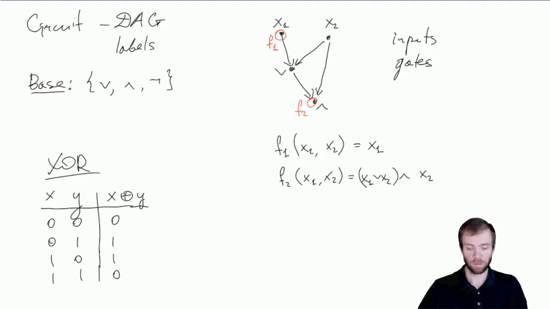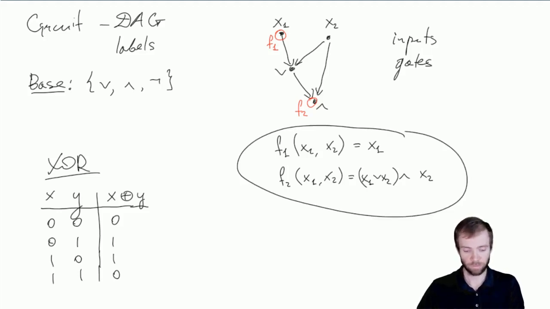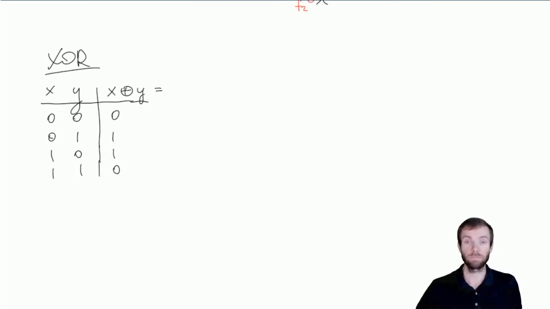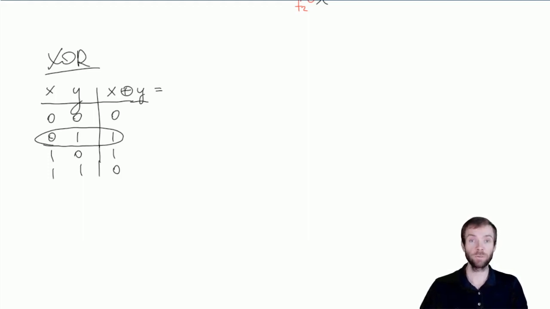Now, how do we build a circuit for this function? We may first want to try to build a formula for it. So let's do this. We can take any tuple of values on which our function is equal to 1, and we can construct a conjunction which is equal to 1 on just this tuple of values.